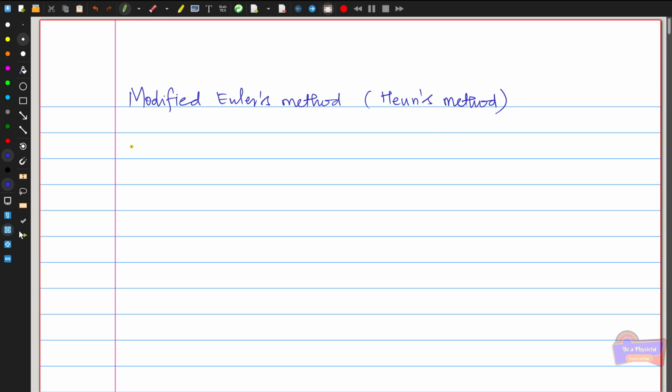In Euler's method, we are finding how y varies with respect to x. At discrete points, we calculate the values of the numerical solution at x of i and x of i plus 1. Suppose this curve is the true solution and x of i is the initial condition which is given.